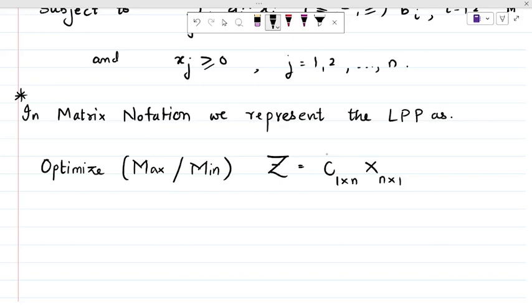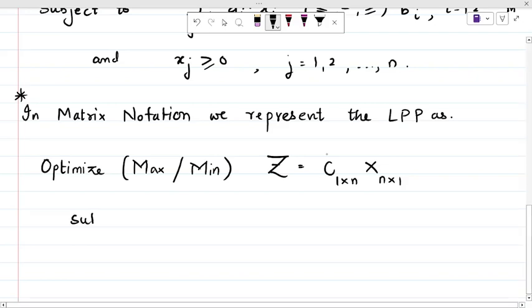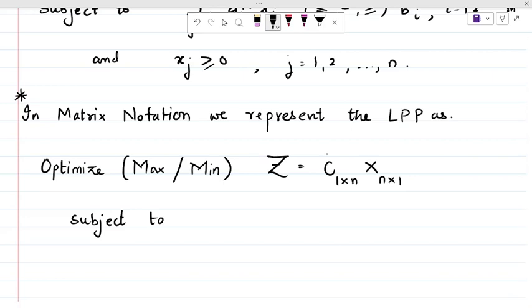Then here you have, subject to, a big matrix, Ax.